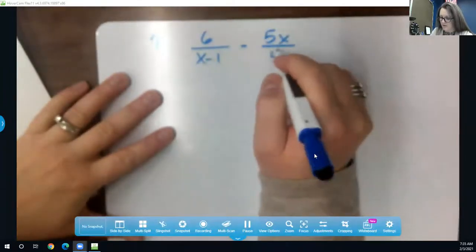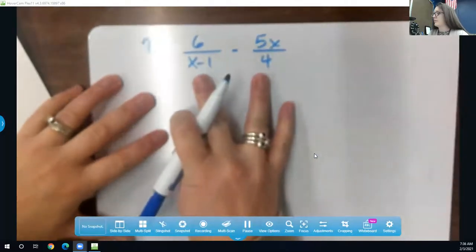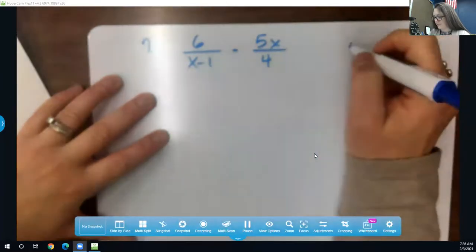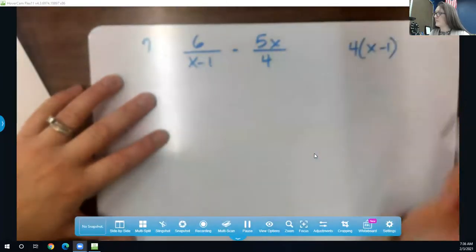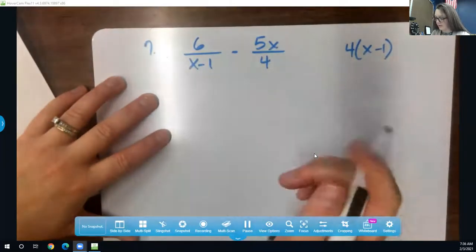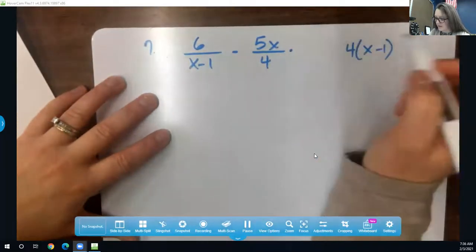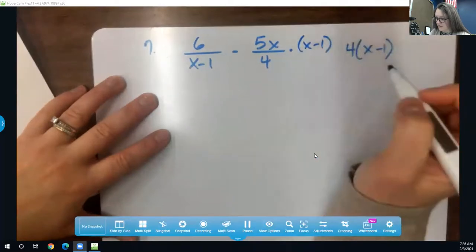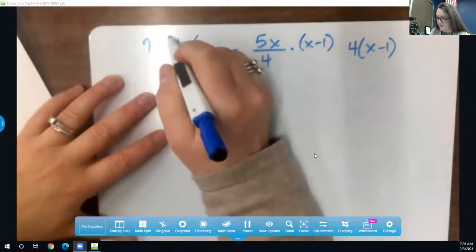So I want to think about looking at my terms here. What is my common denominator? Well, it's going to be 4 and x times x minus 1, right? They don't have anything in common, so that's just the whole thing. So I'm going to multiply this side by x minus 1, and I'm going to multiply this side by 4, right?